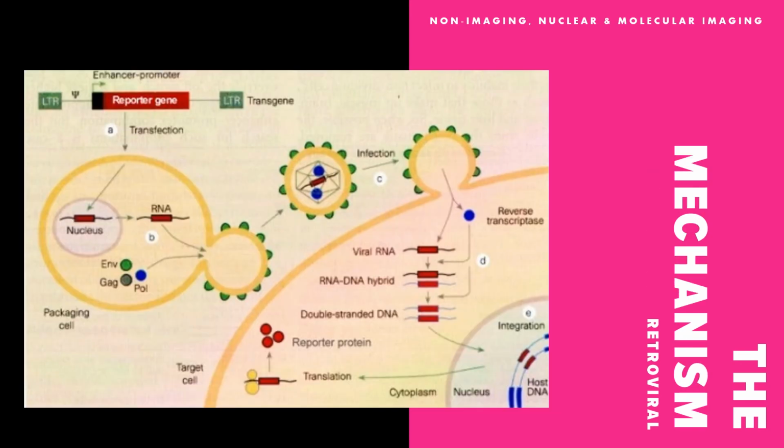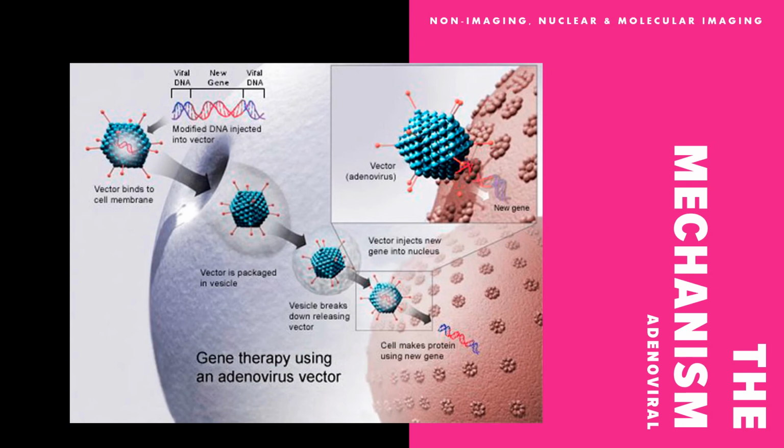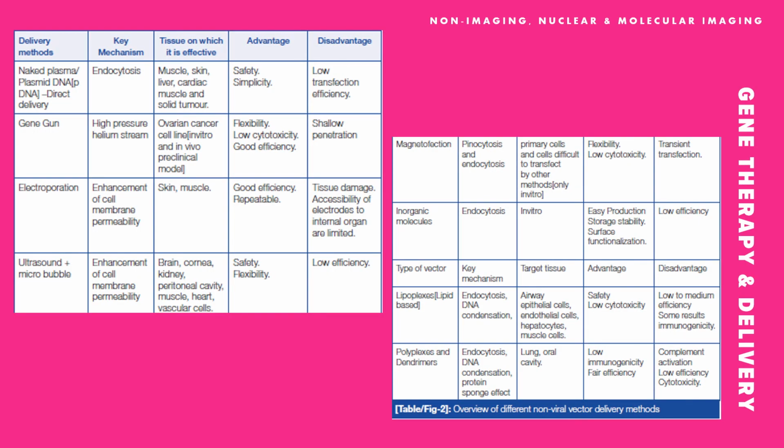This is another refresher on how exactly transfection happens. This is for the retroviral, so you can look at the schematic figure. And this one is the schematic figure of how the adenoviral is used as a carrier to deliver genes and how it transfects into the cells. And here is a table of different non-viral vectors that you use to deliver genes.